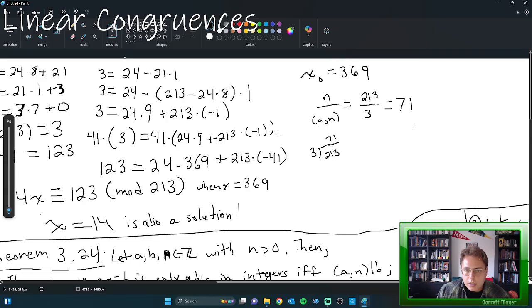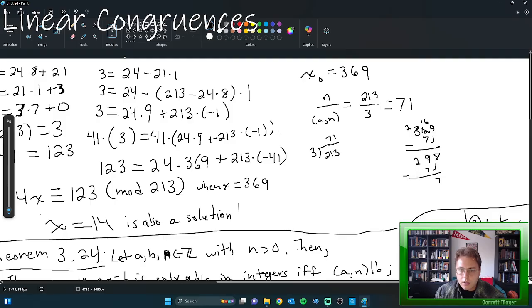So then 369 minus 71. And this is going to start getting us our other solutions that are within the canonical complete residue system. So it's 298. That doesn't get us there yet.